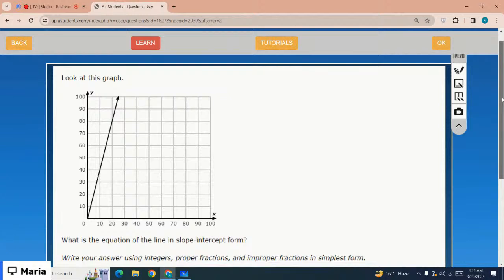So you have to find the slope and the y intercept, right? So what is the slope? The graph is starting from the origin, right? That means the y intercept is 0. Got it?